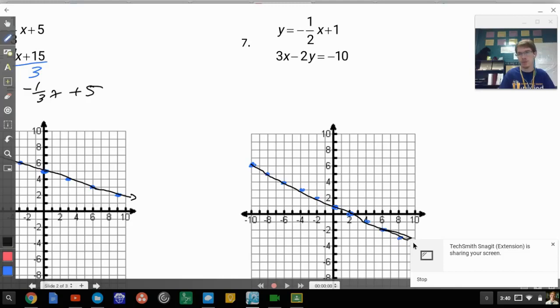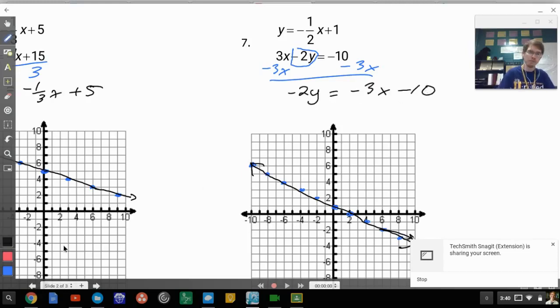My line is not perfect, but close enough. Now the second one: I want to get y by itself, so I'm going to box in my y term. Subtract 3x, which leaves us with negative 2y equals negative 3x minus 10. Dividing by negative 2, I get y equals 3/2x plus 5.